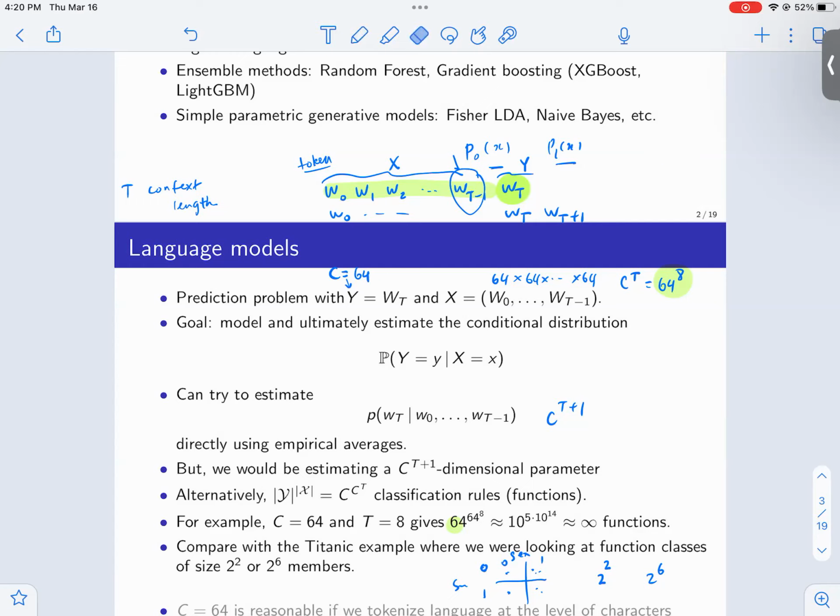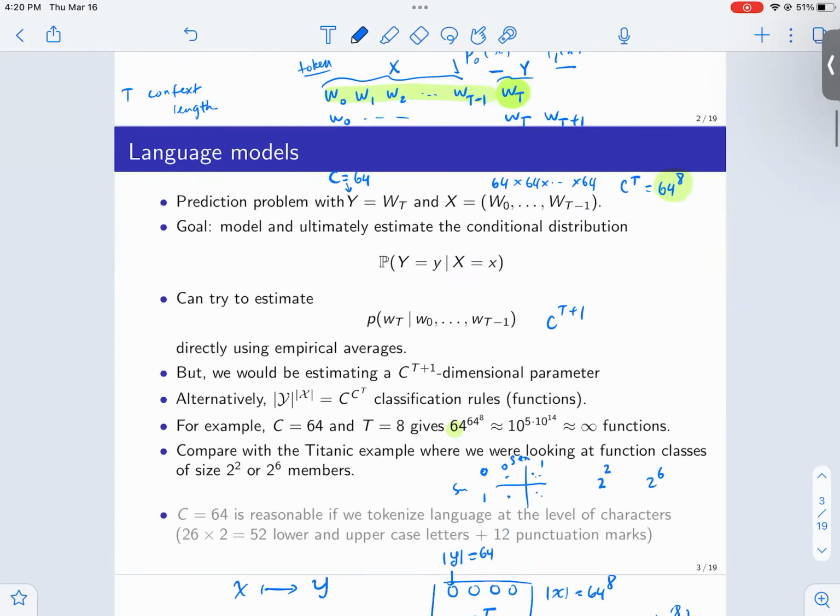But actually, maybe this calculation is a little bit too pessimistic. Just focusing on the number of parameters, I don't have to worry about the decision rules. The number of parameters would just reduce from this to C to the 2, which is 64 by 64.